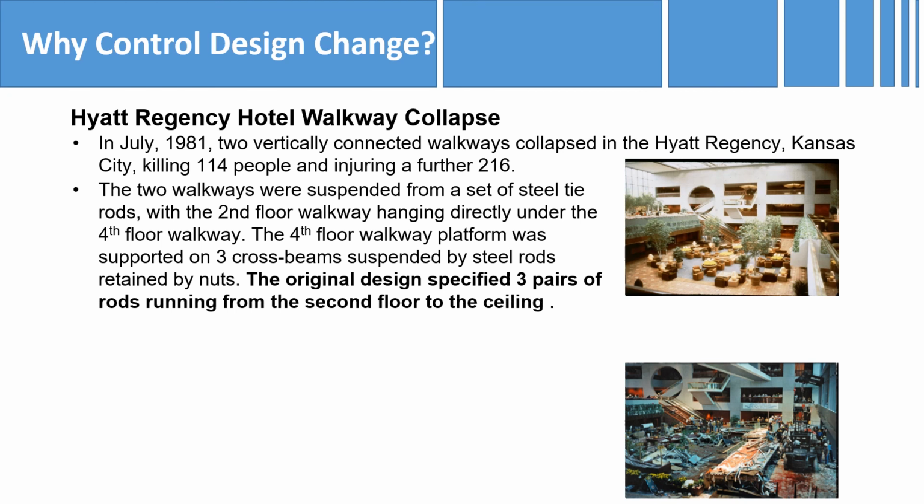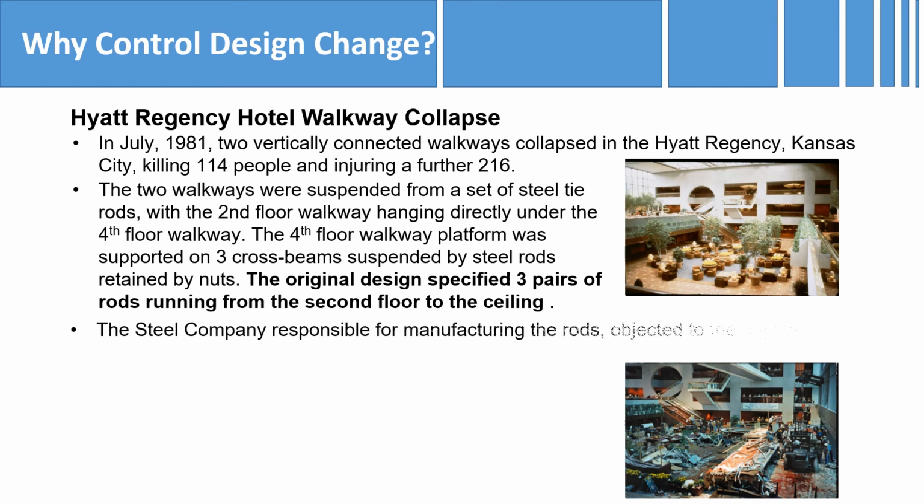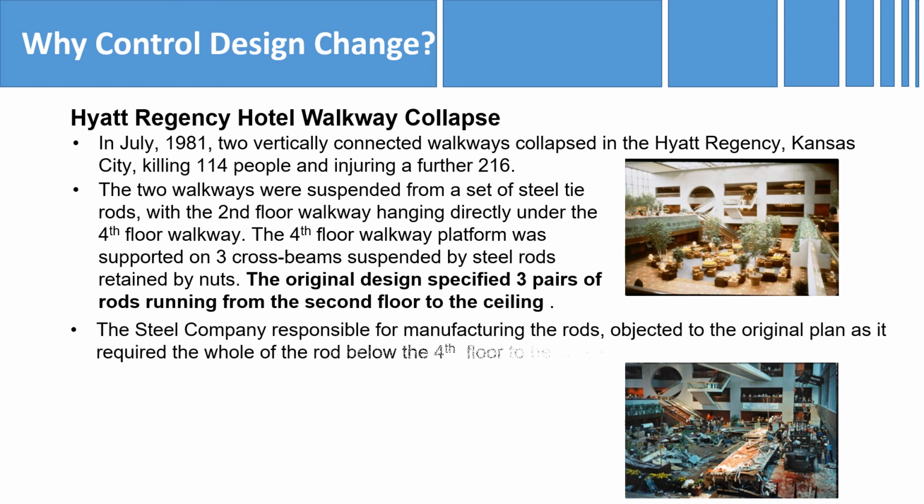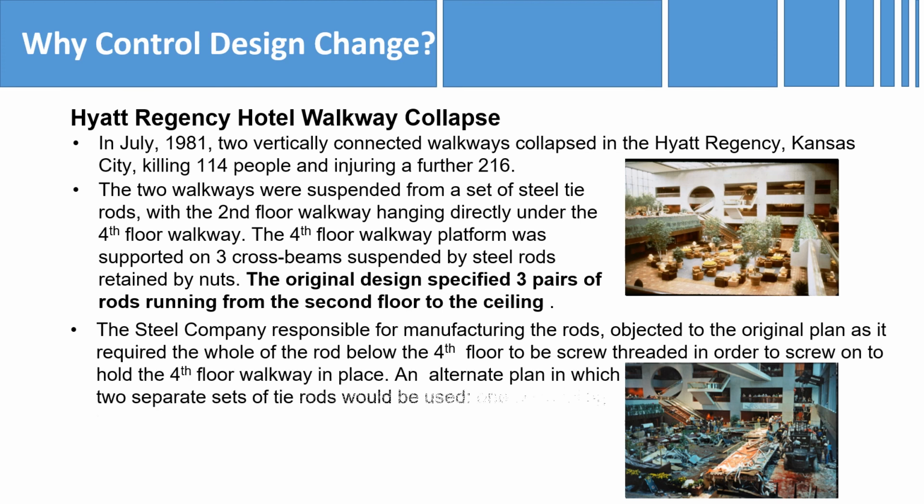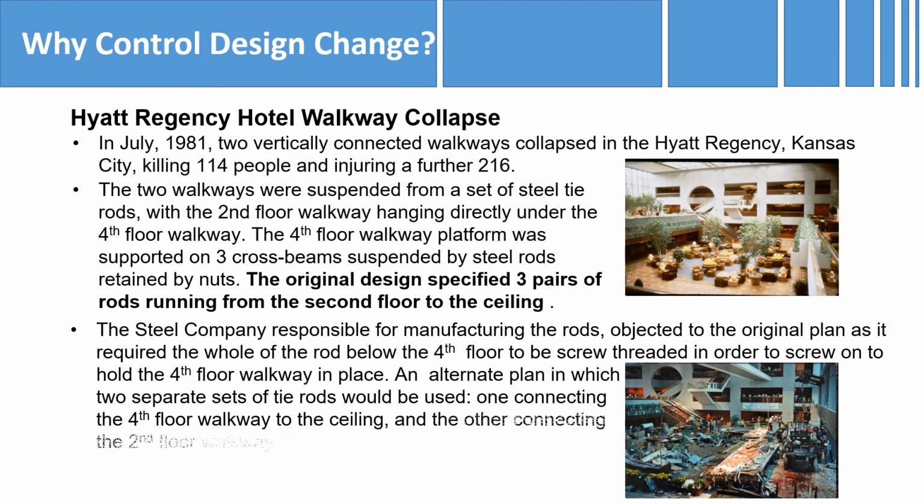The fourth floor walkway platform was supported on 3 cross beams suspended by steel rods retained by nuts. The original design specified 3 pairs of rods running from the second floor to the ceiling. The steel company responsible for manufacturing the rods objected to the original plan, as it required the whole of the rod below the fourth floor to be screw threaded in order to screw on to hold the fourth floor walkway in place.